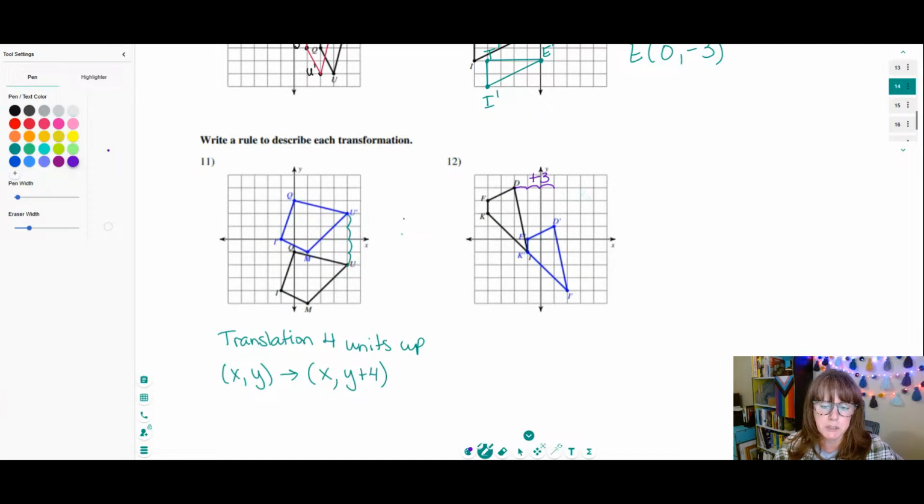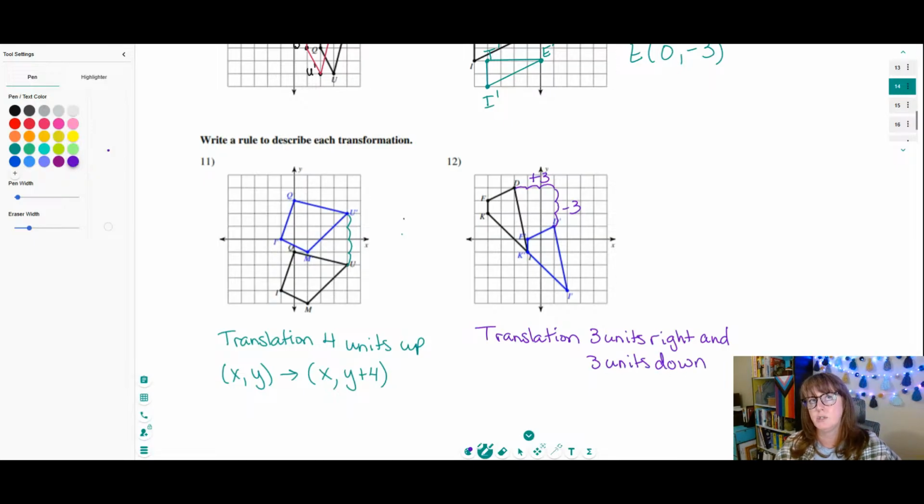We're just going to write a plus 3 there. And then 1, 2, 3 units down. So I'm just going to write a minus 3 there. So our rule is a translation, 3 units right and 3 units down.